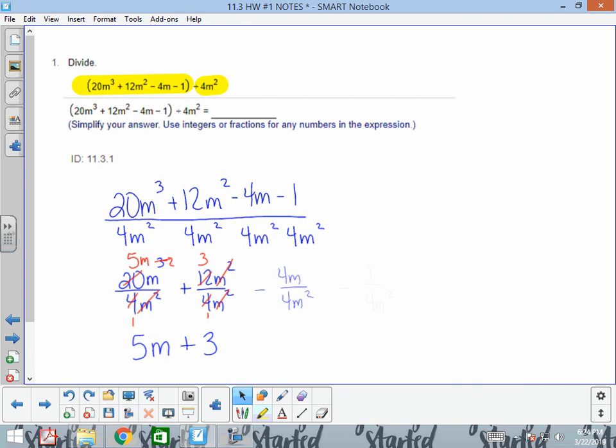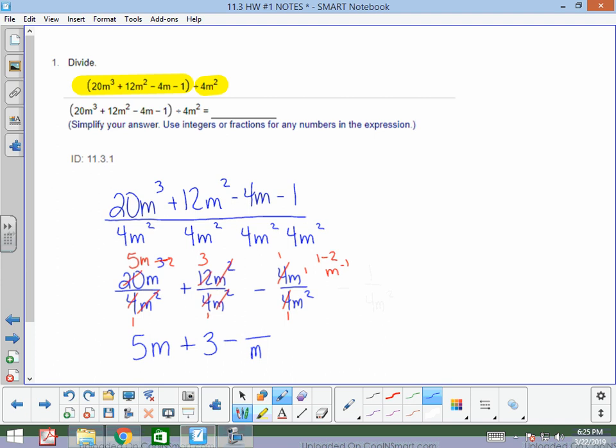Then we have negative 4m divided by 4m squared. So the 4's both divide by 4. Those are 1s. M and m squared. When I subtract the exponent on top minus the exponent on bottom, I get m to the negative 1, which means that m to the negative 1 goes to the bottom and becomes m to the positive 1. So on top, I'm left with just a 1.